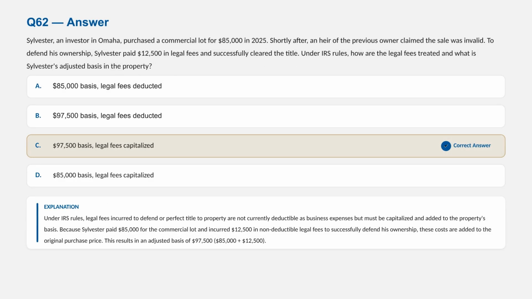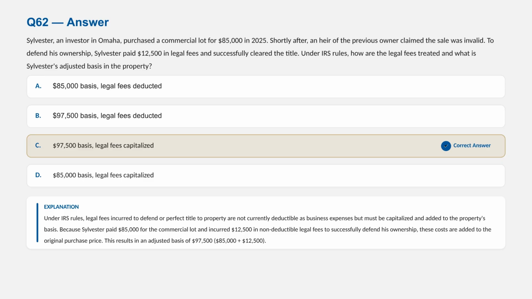The correct answer is C. $97,500 basis, legal fees capitalized. Under IRS rules, legal fees incurred to defend or perfect title to property are not currently deductible as business expenses but must be capitalized and added to the property's basis.